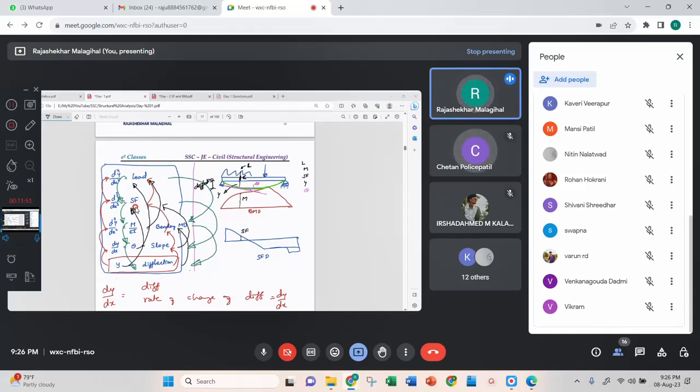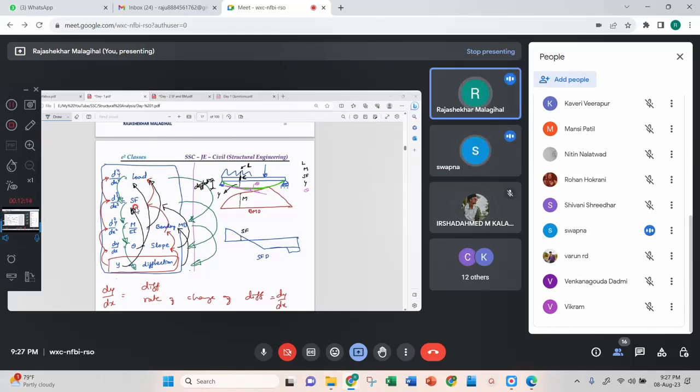Summation of shear force. Bending moment. Okay. Addition of load. Shear force. Okay. Sum of all the vertical forces. Shear force. Now you got it now.